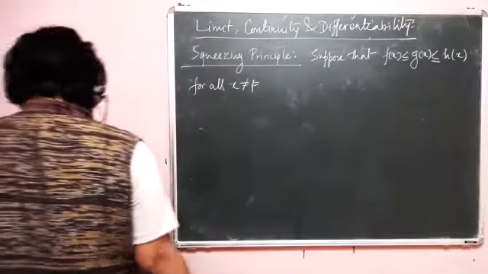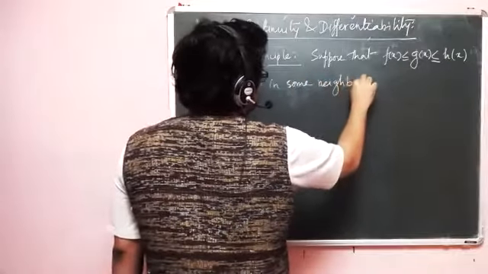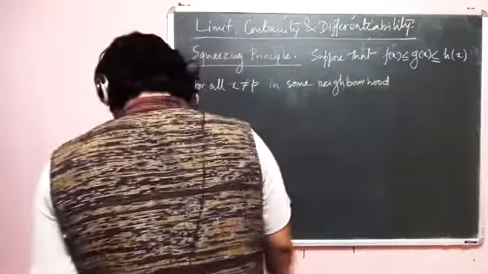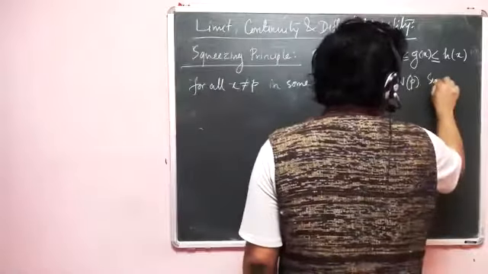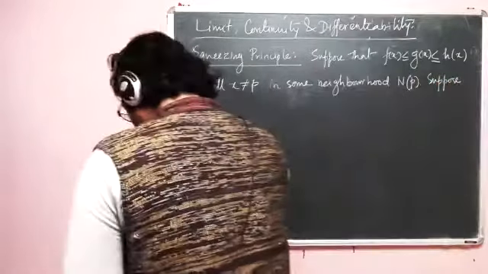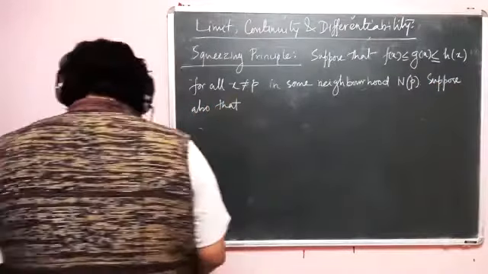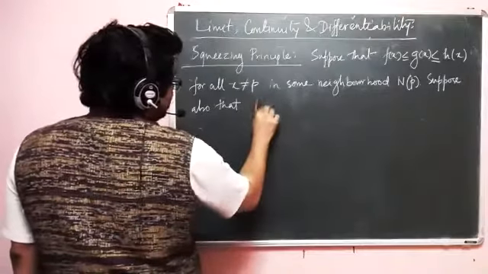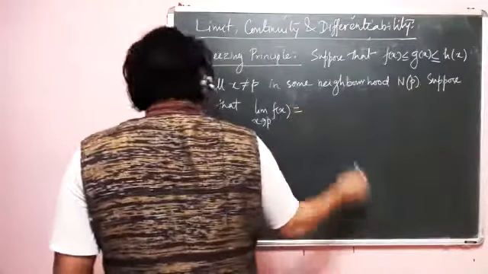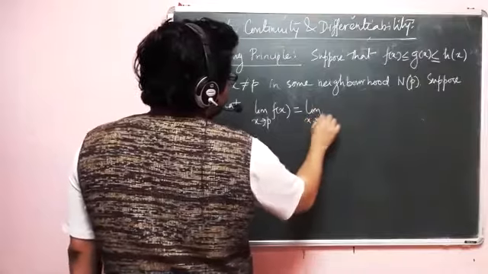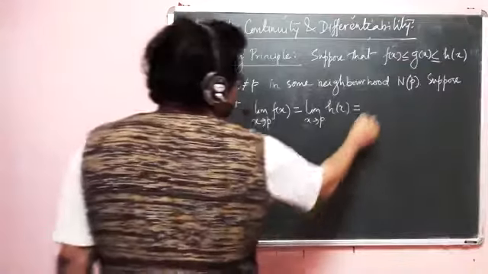So for all x not equal to p in some neighborhood, and we are assuming that you are quite friendly with the word neighborhood, so in some neighborhood N p, suppose also, so the premise doesn't end here, suppose also that limit x tends to p f of x is equal to limit x tends to p h x is equal to some a.